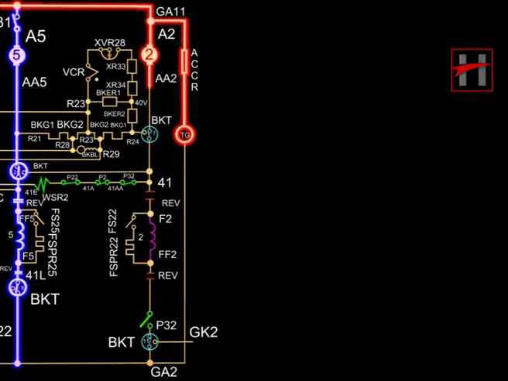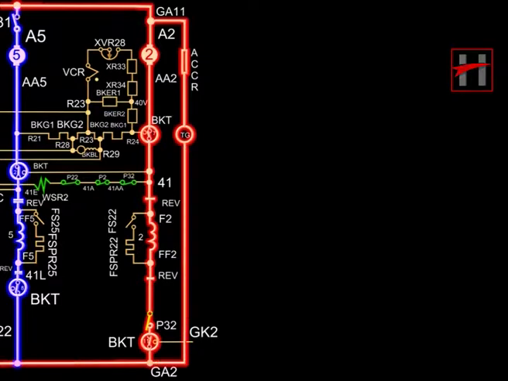The field of traction motor 2 is energized via BKT contact 7 in motoring mode, cable number 41 and the reverser contact. The current flows through power contactor P32 via reverser contact and completes its path via cable GA2 via the BKT contact 11 in motoring mode.